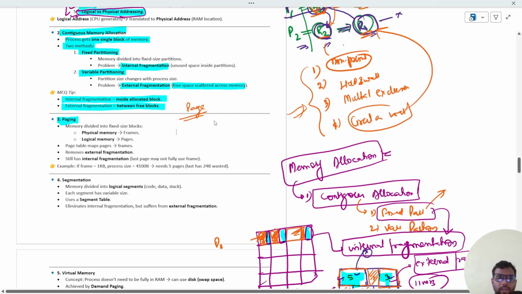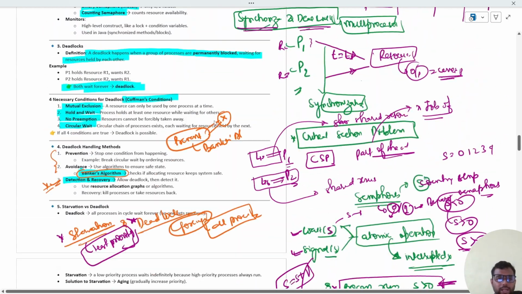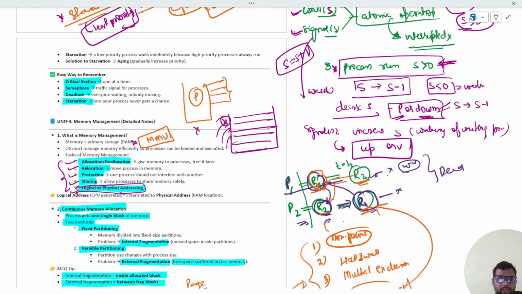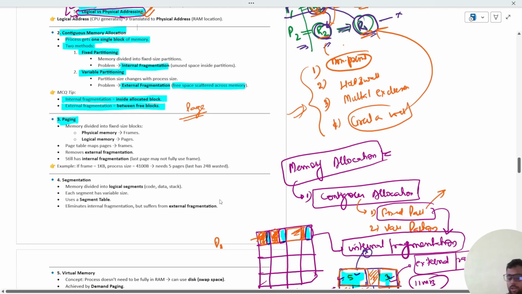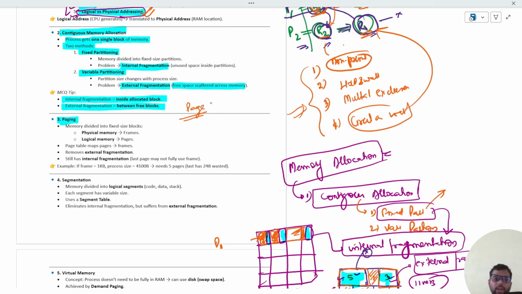One of the functions of memory management is logical addressing and physical addressing, and that is done in paging. We give each page a page number and offset. Then we divide memory into smaller blocks whose size is the same as the page size. Those are known as frames.